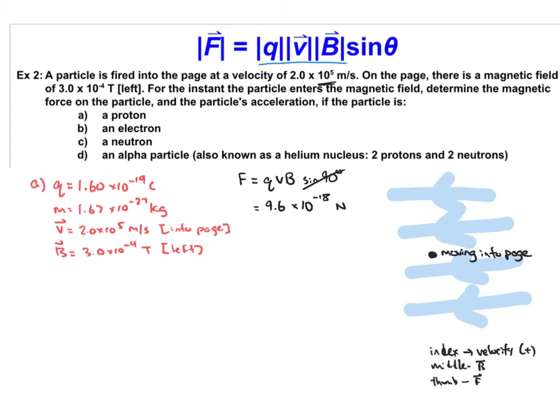Now, what about the direction? So that gives the magnitude of the force. What about the direction of the force? That's got to be obtained by right-hand rule number 3. So I'll stick my index finger into the page. That's the velocity. I'll twist my wrist so that my middle finger points to the left for the magnetic field, and my thumb ends up pointing up.